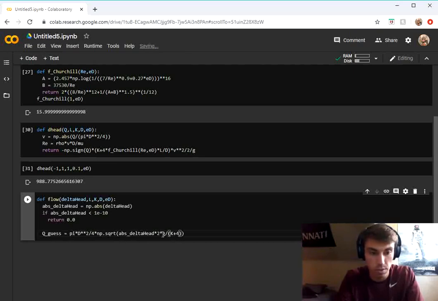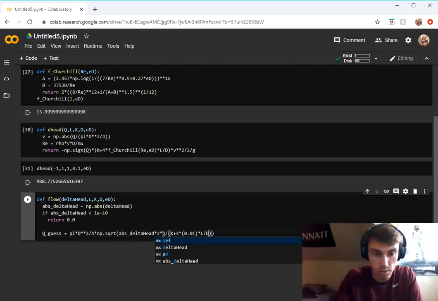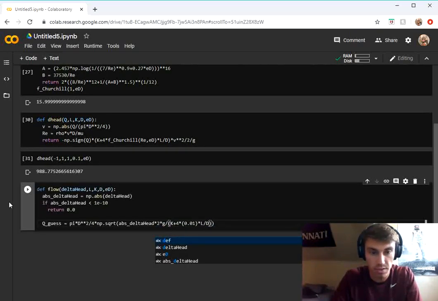We're just putting in a guess now. We're going to assume that this is 0.01 based on the Moody diagram that we looked at in class. Now we have the Q guess.